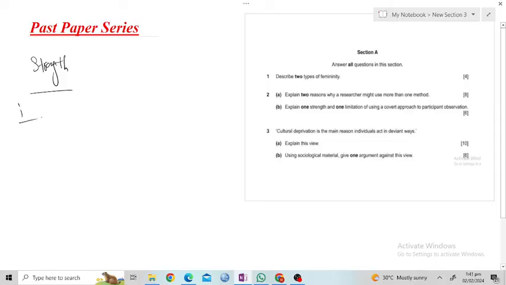Let's just follow the structure of the question. The strength of the covert approach to participant observation is that covert participant observation minimizes the observer effect. What does it mean?